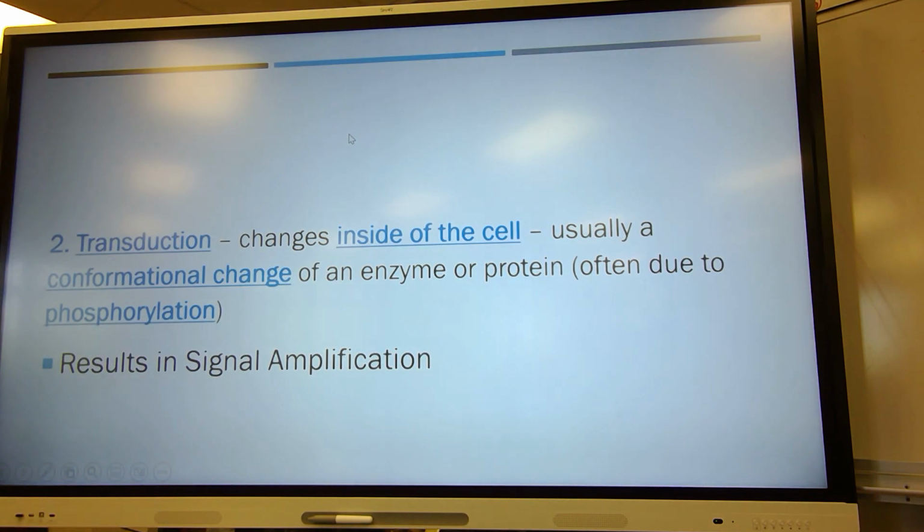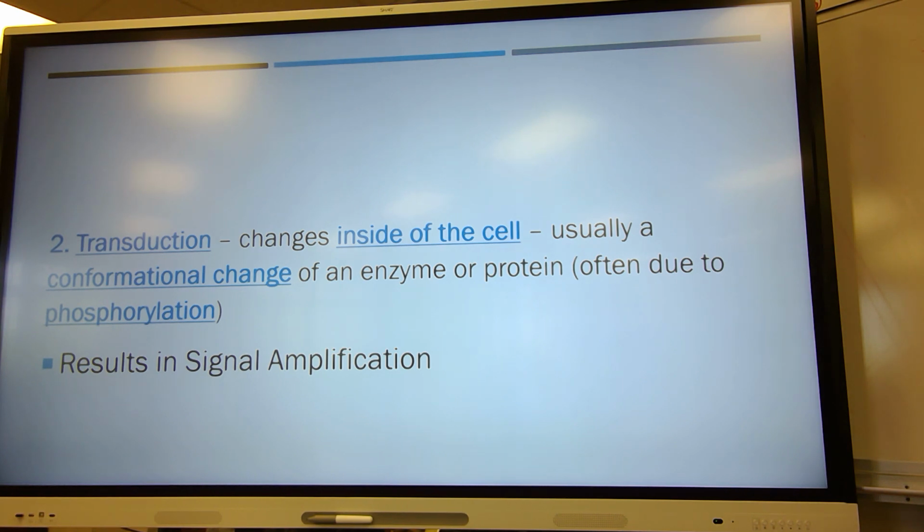So you can have multiple different things happening with the same hormone, or same receptors. All right, transduction: basically what is happening in transduction, we're having lots of conformational changes. One protein gets changed, which causes another protein to change, which causes another protein to change.